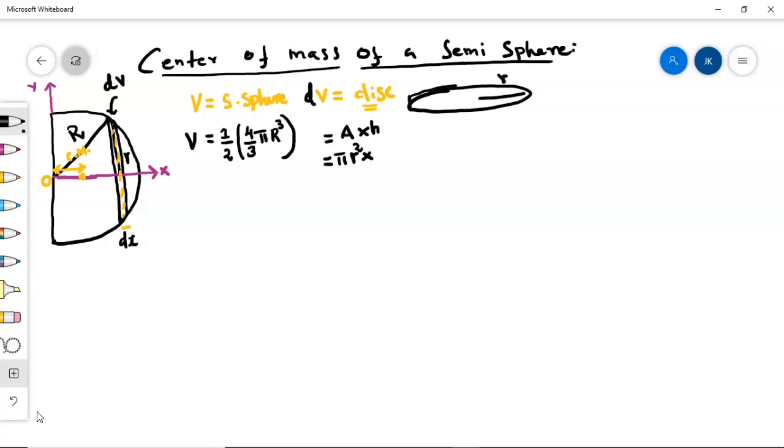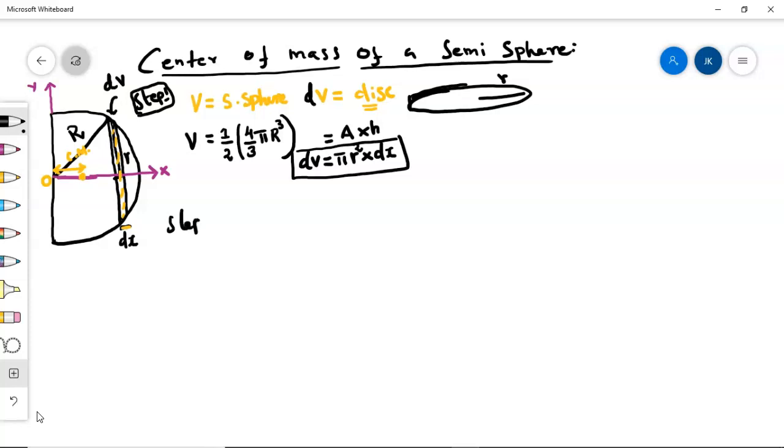What is the thickness of this disk? Here is the thickness. It is parallel to the x-axis, so it is dx. So this is the volume of the disk. This is our step 1. Now we have the formula of both volumes.